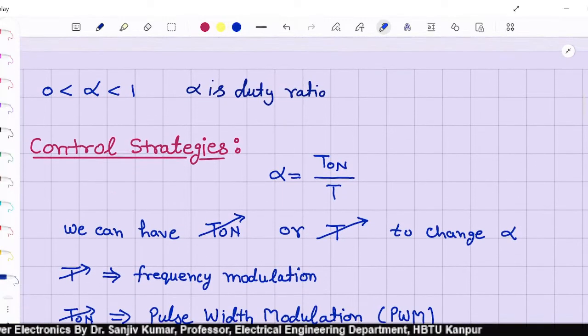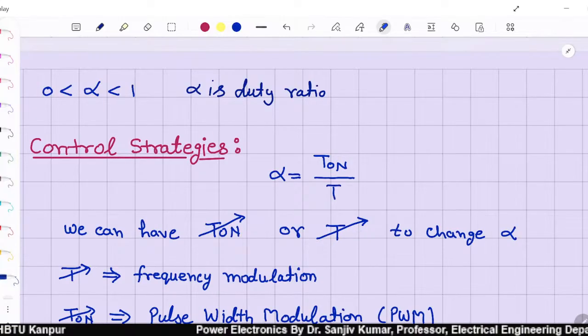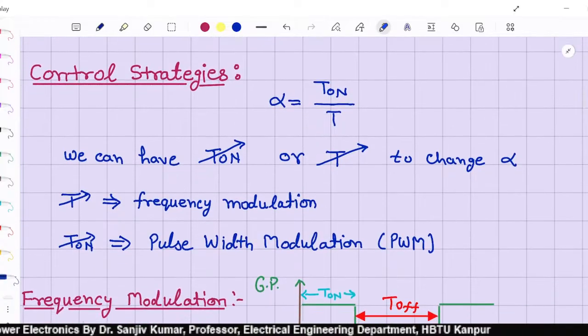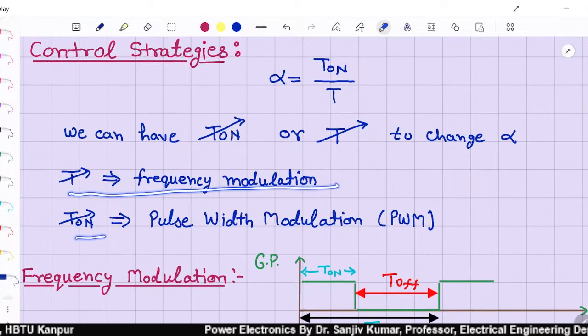When we change the time period, keeping either T on or T off constant, then it is called frequency modulation. So two types of control strategy are available. One is frequency modulation, the other one is pulse width modulation.